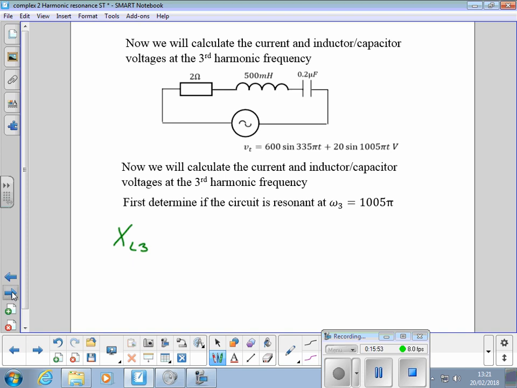So how do I calculate XL3? There's omega 3 times L, which is 1005 pi times 0.5 equals... Just give me an ohmic value for that.